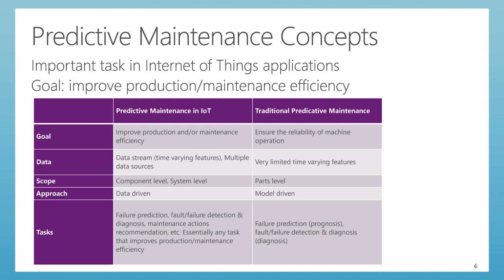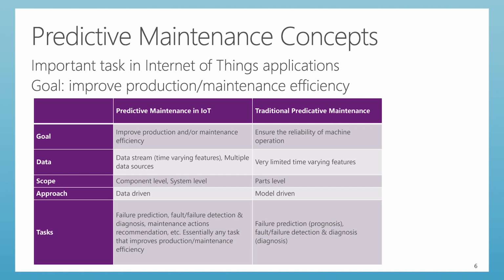The major difference from traditional predictive maintenance is that the data we get from these Internet of Things applications are really data streams. There can be multiple data sources coming from various sensors, etc., in real time. And also because of all this big data, the scope is also changed a little bit.